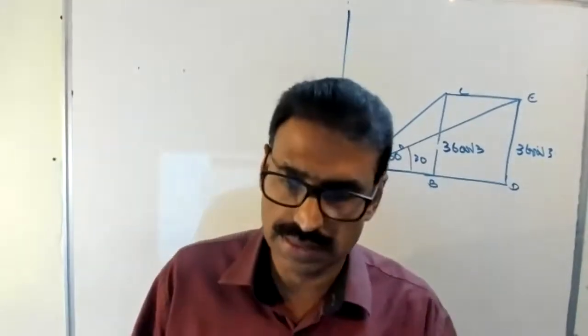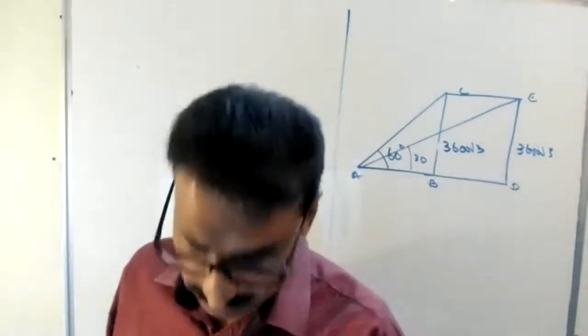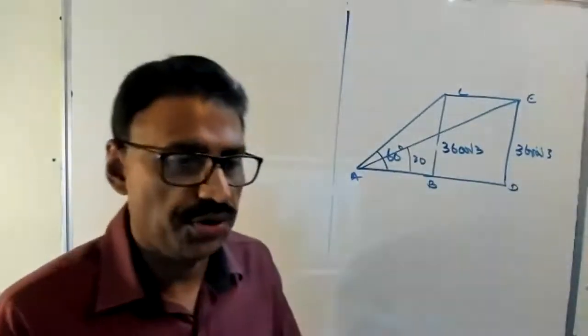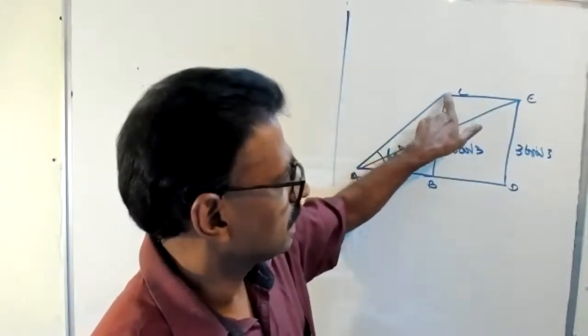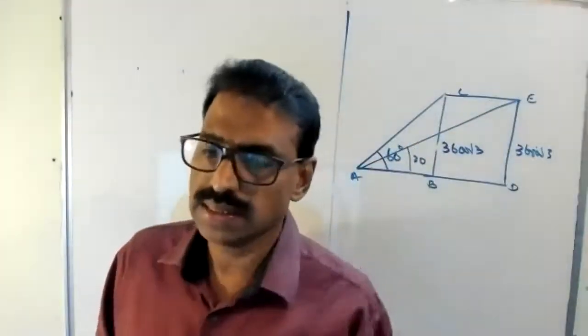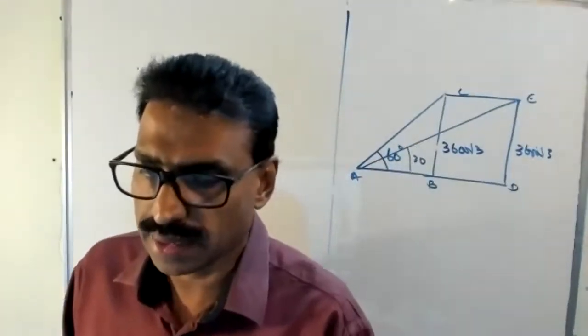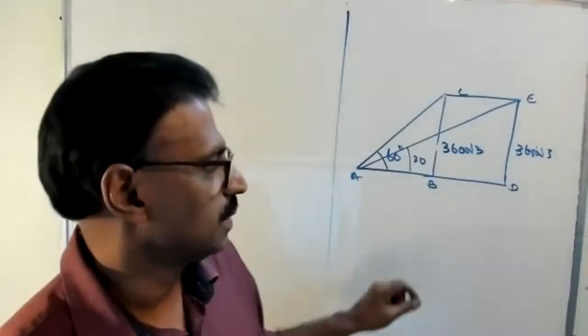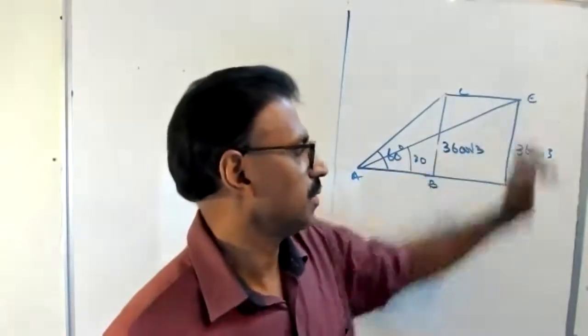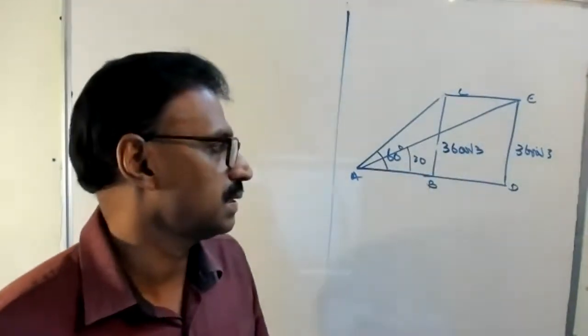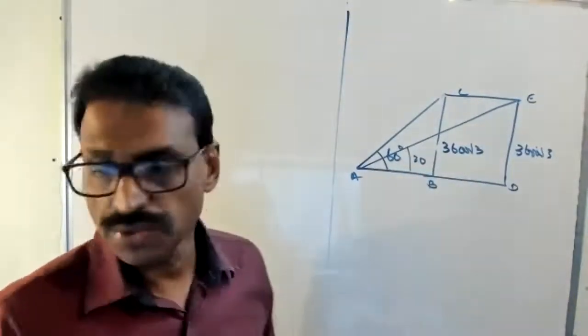Okay, now listen here. Our plan is like this. We find the distance CE, the distance covered by the aircraft in 30 seconds. That distance divided by 30, so we get the speed.